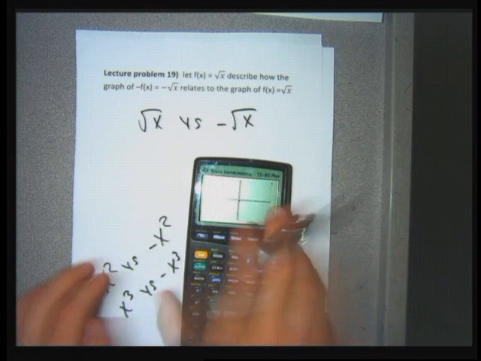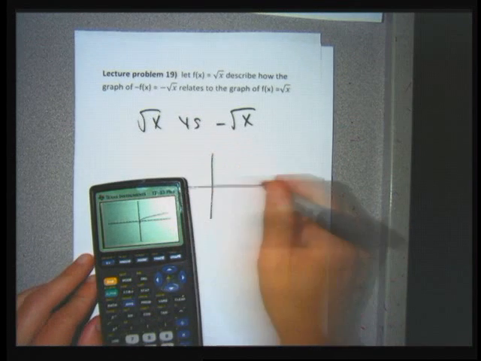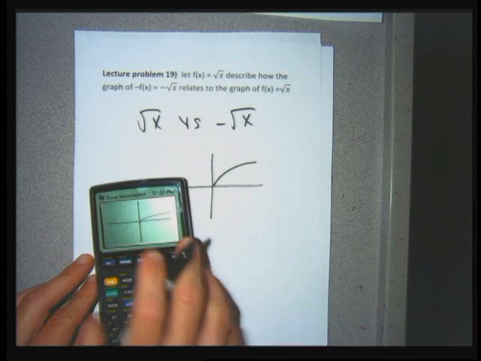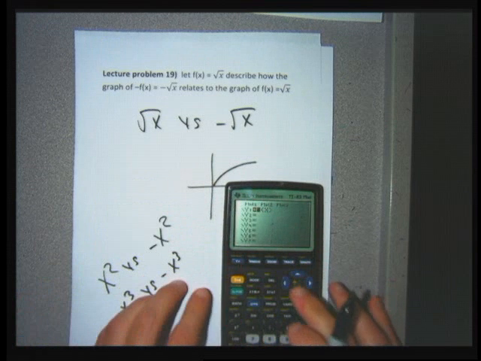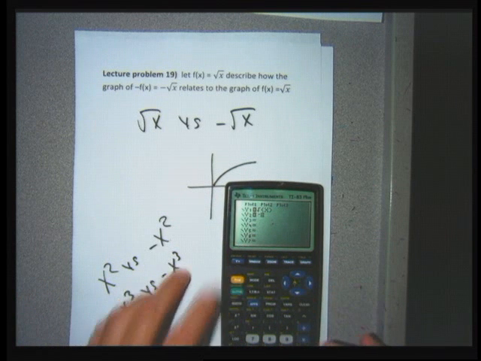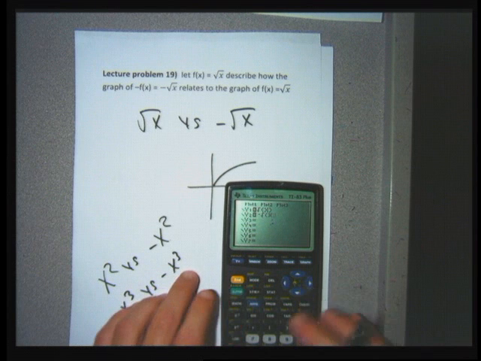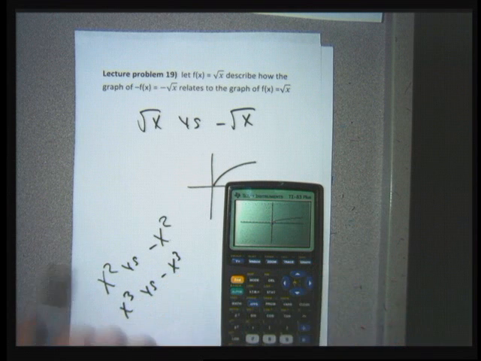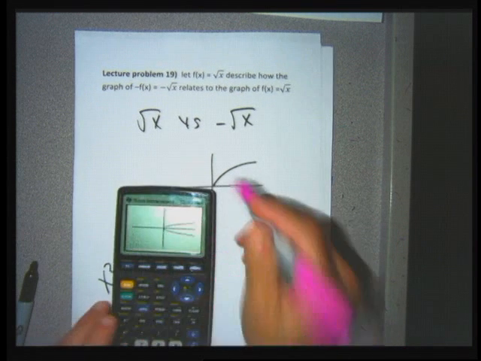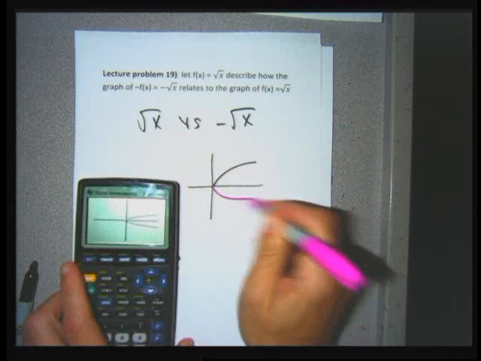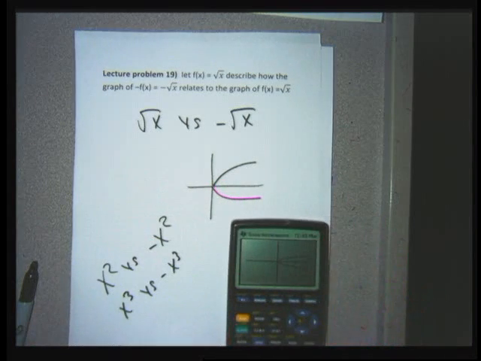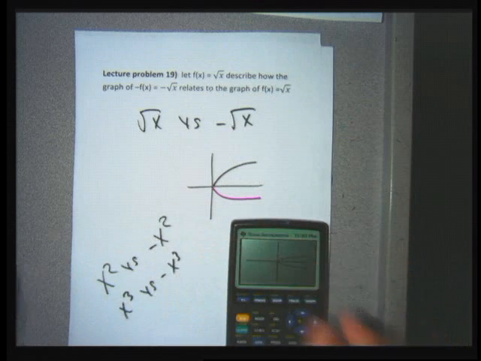When I put the negative square root of x on the same graph, it's a carbon copy of the first graph, just reflected over the x-axis.